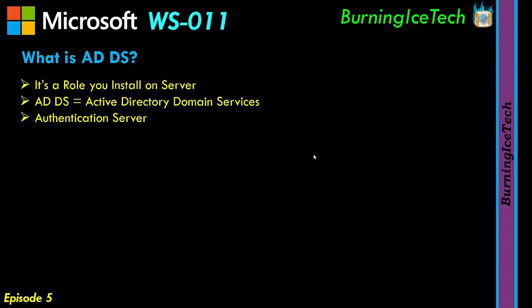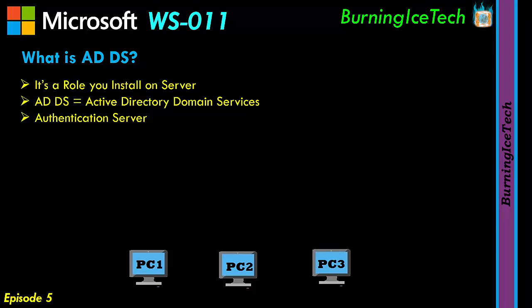So generally what's going to happen is if you've got, for example, 3 computers in your environment, these are just normal computers. You can imagine they've got Windows 10 on them and that's that. So what the average Joe would do is sit down at your PC, let's say it's PC 1. You would click on your account, not type in the name. Normally it's just going to be 1.